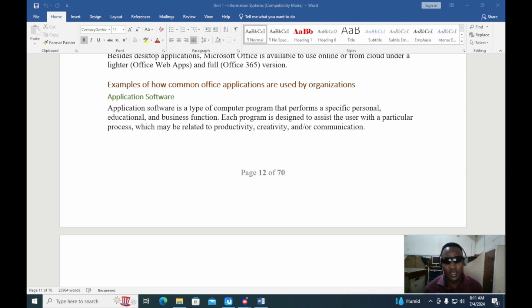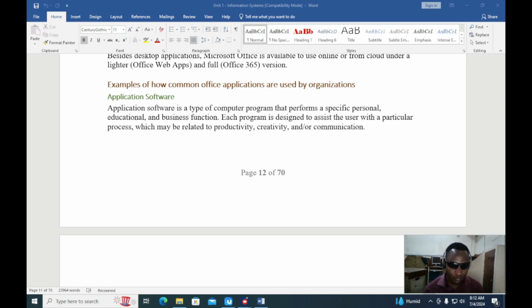When I was talking about software, I mentioned 2 types of applications or 2 types of software, and I said we have application software and we have system software. I explained what application software and system software are.